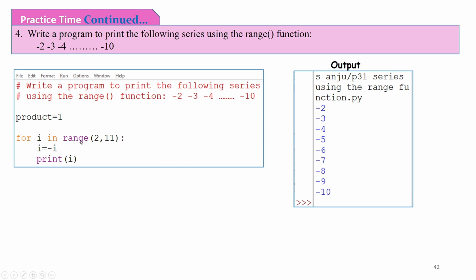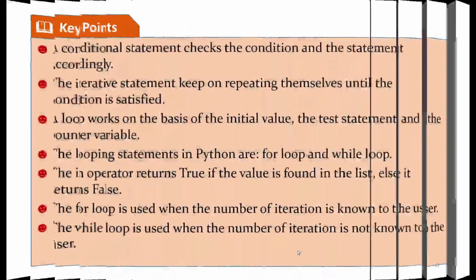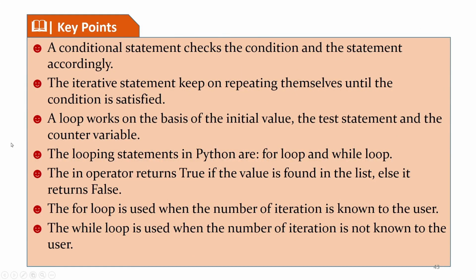For i in the range 2 till 11, because we need till -10. Now I have changed i to minus i, and I am printing i. So all the numbers are printed, -2, -3 till -10, and it stops. So by this the chapter comes to an end.